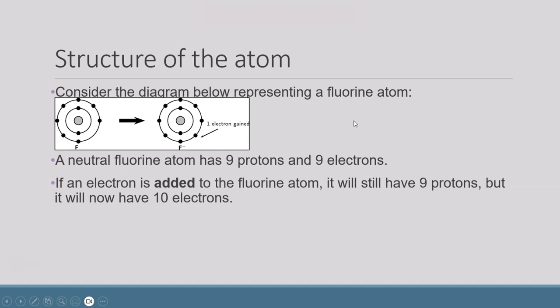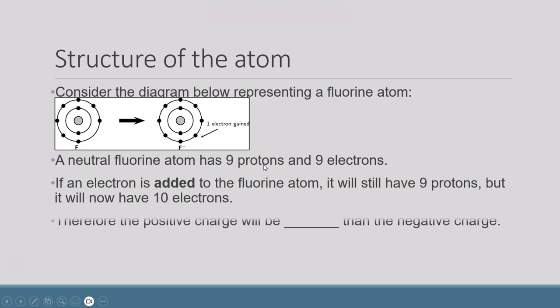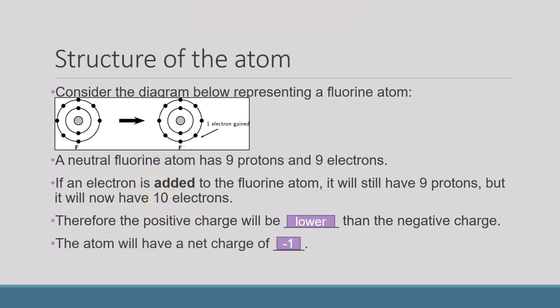Now, if this fluorine atom gains an electron, it still has 9 protons, meaning 9 positive charges in its nucleus, but it will now have 10 electrons, so 10 negative charges in its orbitals. In this case, the positive charge will be lower than the negative charge. So plus 9 minus 10 gives us a net charge of minus 1.